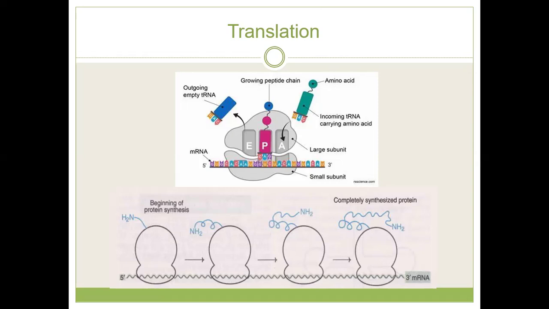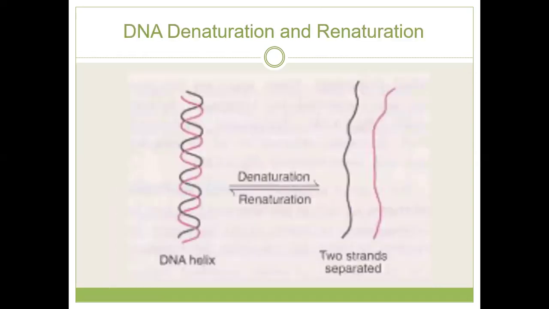So the messenger RNA will come and align itself to the ribosomal RNA. In the ribosomal RNA, there are positions for the messenger RNA and the transfer RNA. When you look at this structure, let me see my cursor.